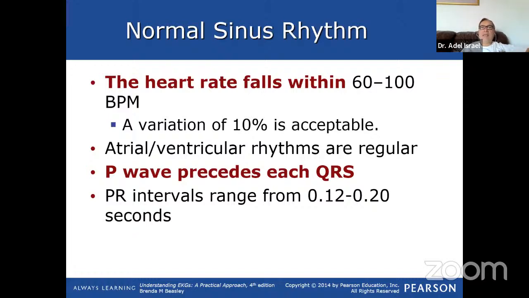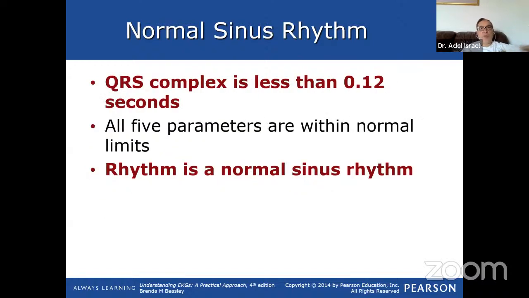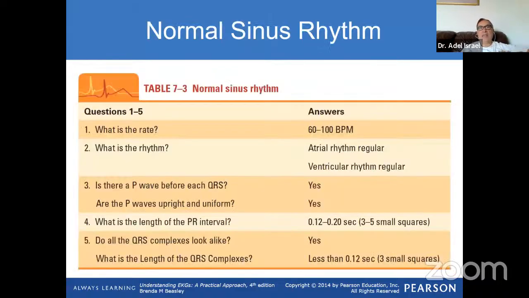Again, these slides repeat all of them in order to refresh your knowledge and get you familiar with the next step which we are going to talk about. All of them are going to be normal, so we call it again sinus.